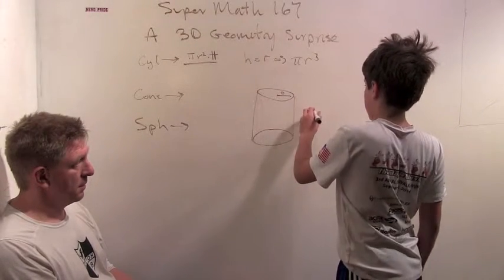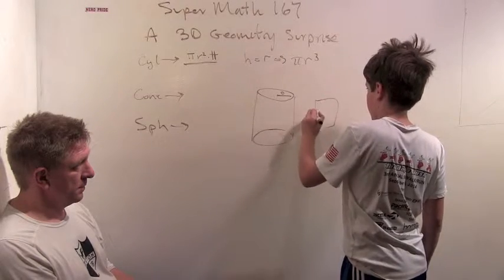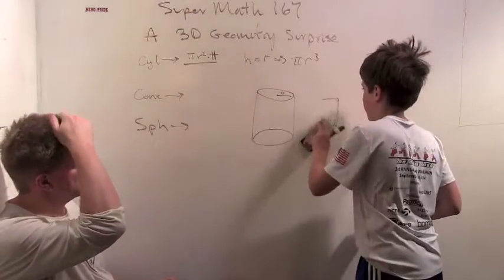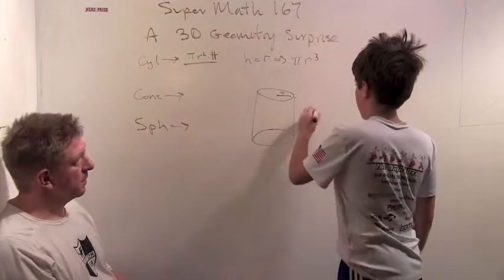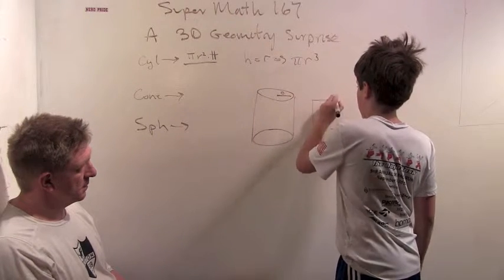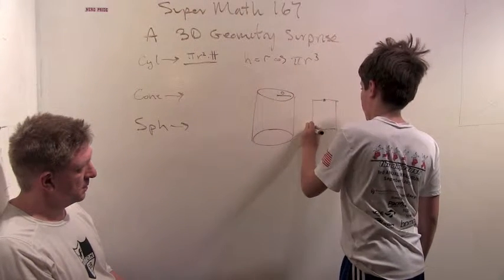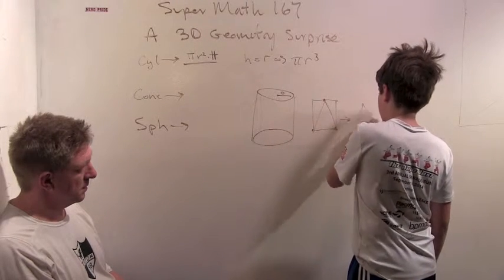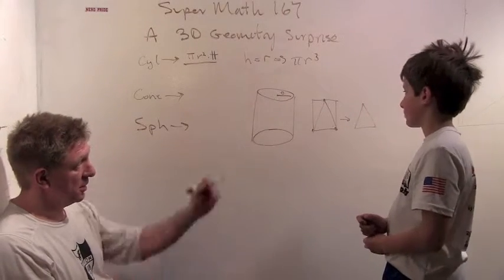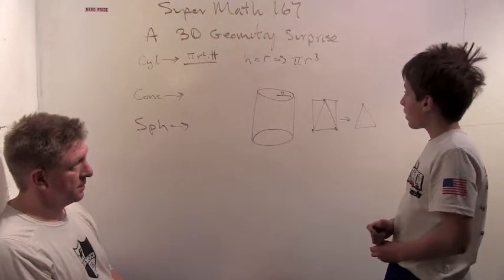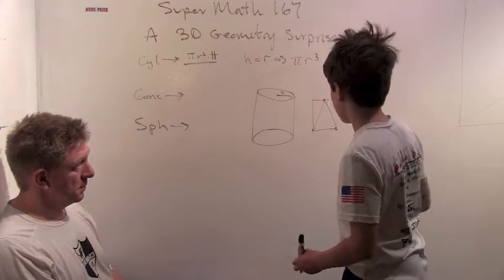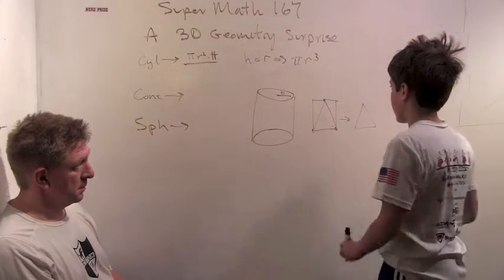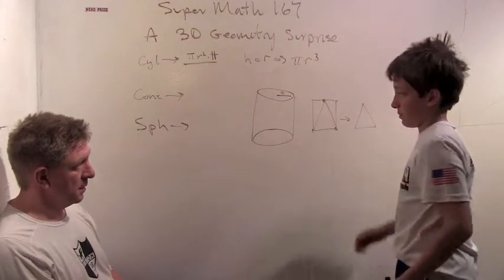Because if you have a square, you can imagine drawing a line like that, and then you get a triangle. Is there a three-dimensional analogy to that? Well, you have a cube, and then you can connect up the points on the top to make a pyramid.